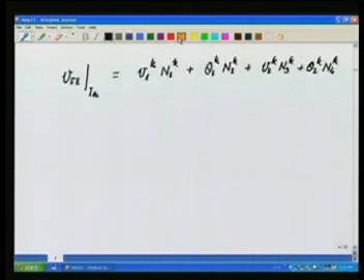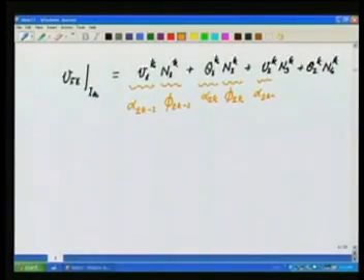Now, it is quite easy to see what this corresponds to. This corresponds to the global alpha 2k minus 1. This is the piece of the global phi 2k minus 1, because the first node of the element k is the node k. This corresponds to the global alpha 2k, and this corresponds to the global phi 2k.